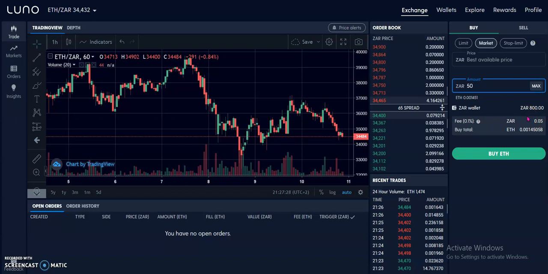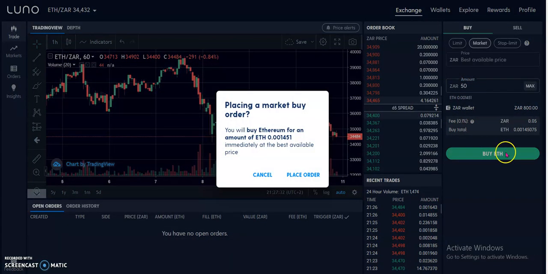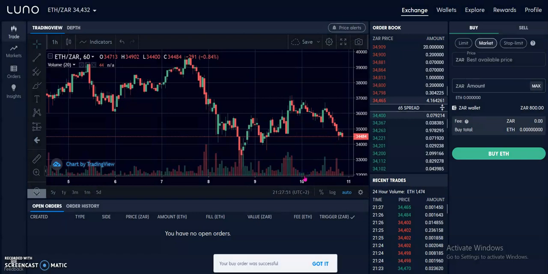It's as simple as clicking buy, and it wants to confirm: place a market buy order, you will buy Ethereum for an amount of 0.001451 immediately at the best available price. We're going to go ahead and say place order. And you can see here it says your order was successful.